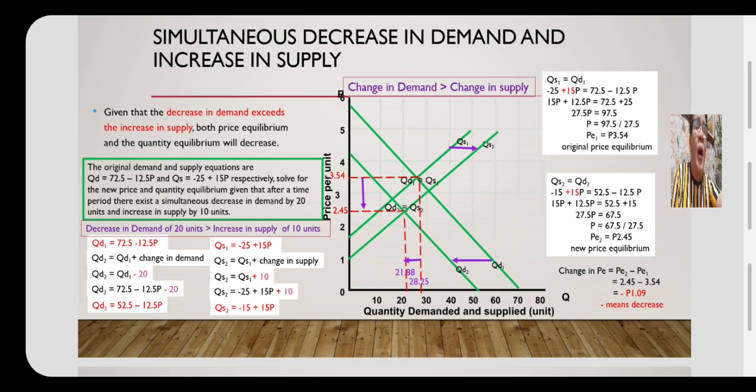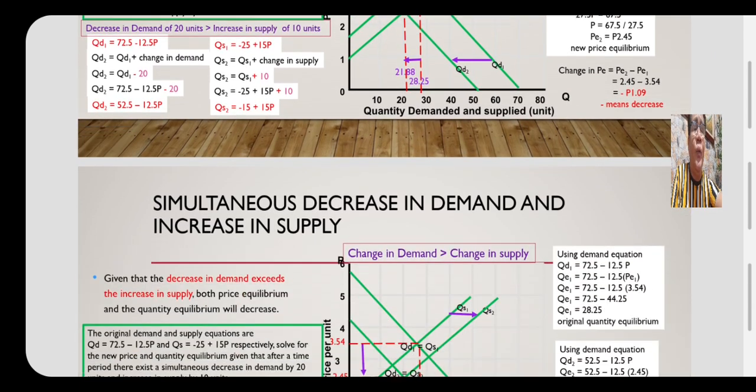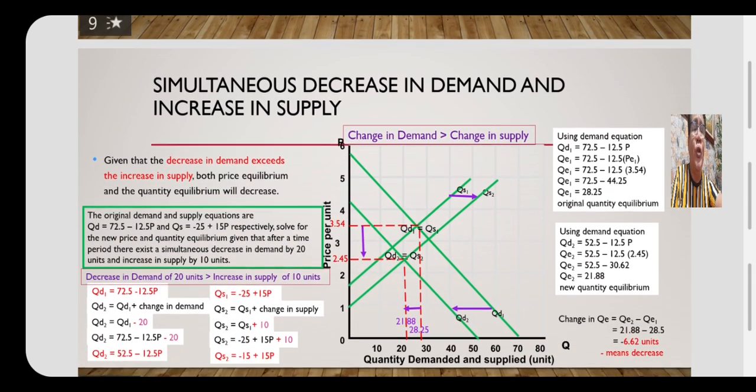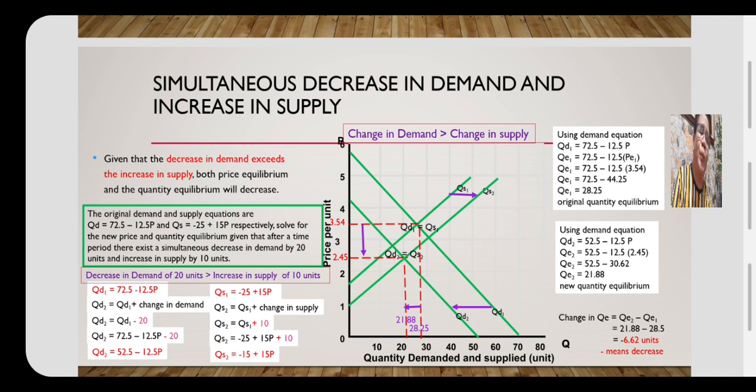So the next slide will just give us how the new quantity equilibrium can be computed. Just the same, in computing the quantity equilibrium, we use the original demand equation for computing the original quantity equilibrium, and we use the new demand equation for computing the new quantity equilibrium.